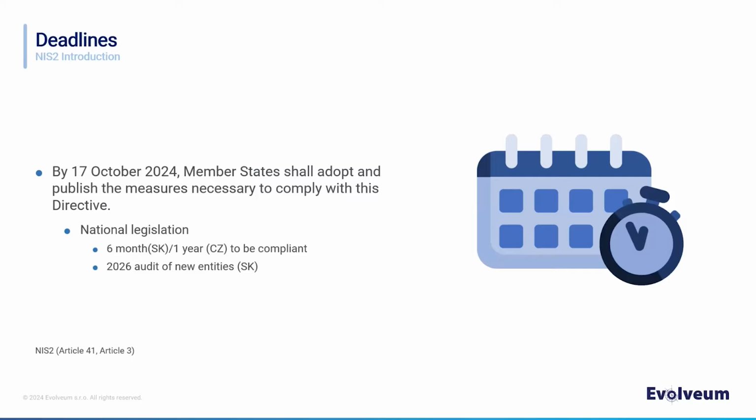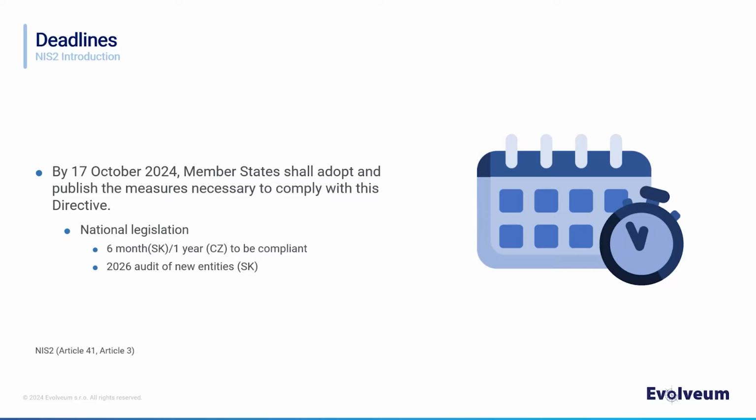There is one common deadline, and it's October the 17th this year, when all member states shall adopt and publish their transposition of NIS2. And afterwards, there will be several deadlines, probably a little bit different. For example, in the Slovak Republic, when an entity finds out that it is a subject of NIS2, it will have 6 months to be compliant with this directive.